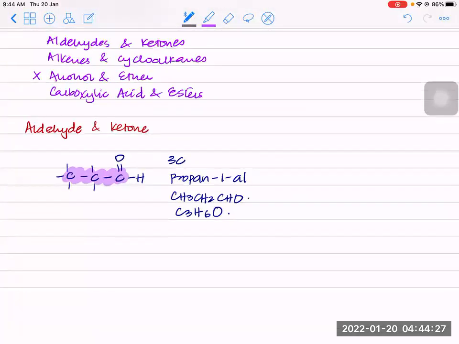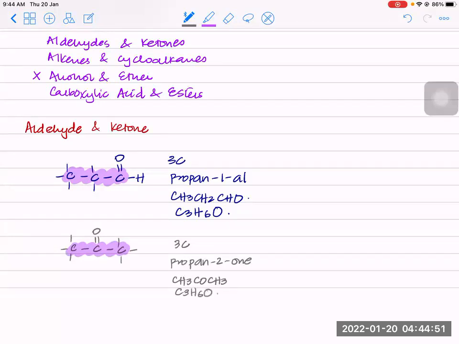Same number of carbons, same molecular formula. So a 3-carbon ketone, that would be this. Main chain has how many carbons? 3. This would be what? Propan-2-one. This is CH3, CO, CH3. And this is C3H6O.